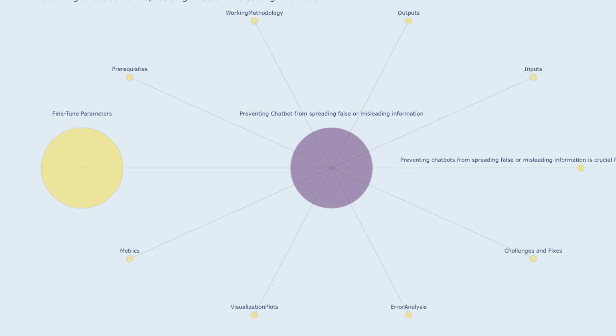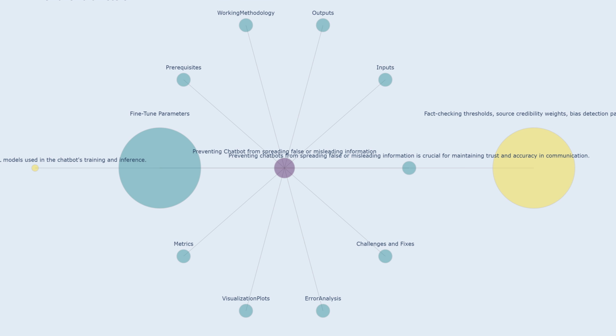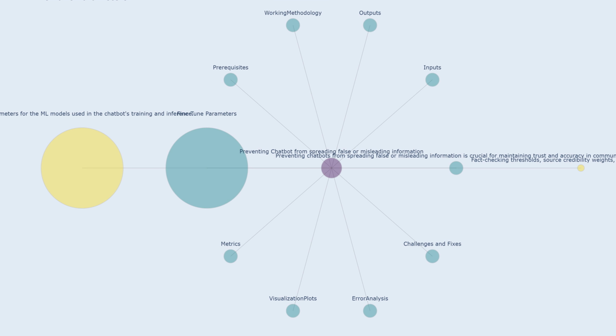Fine-tune parameters. Fact-checking thresholds determine the level of certainty required for a claim to be considered accurate. Source credibility weights assign different levels of trust to various sources based on their reputation and reliability. Bias detection parameters fine-tune the system's ability to identify and mitigate subtle forms of bias in language and framing.